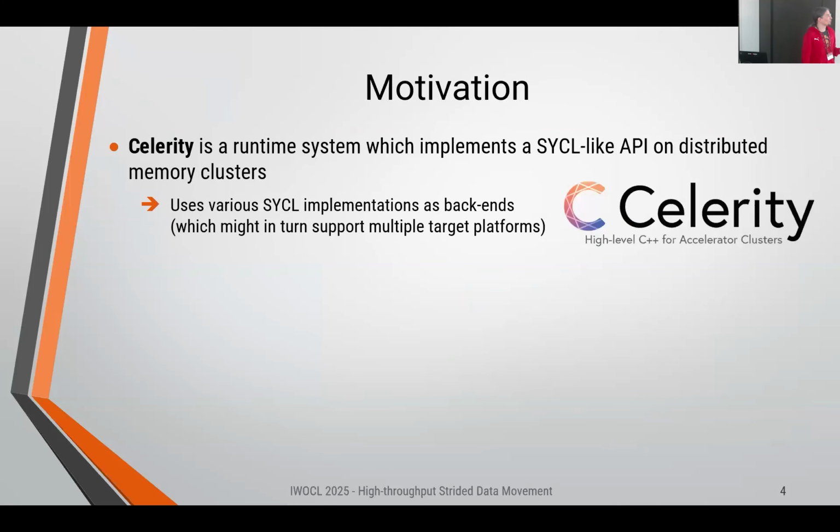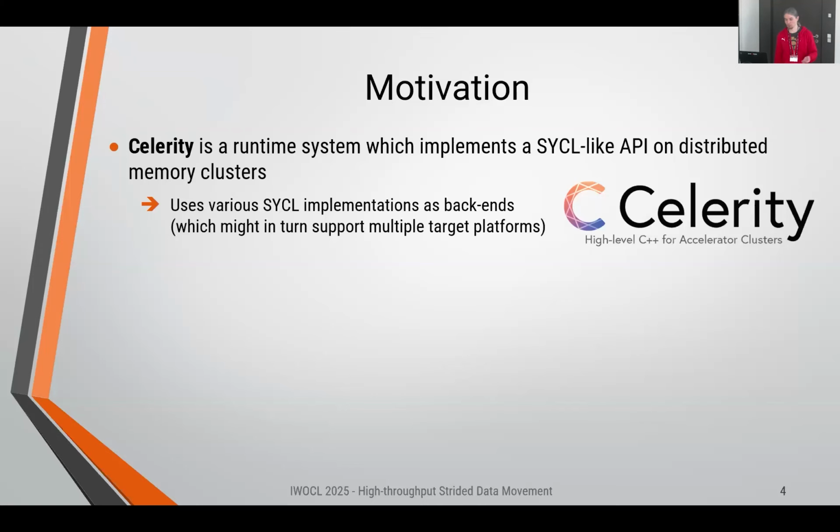For us, the motivation to look into all of this is that we're working on the Celerity system, which implements a rather SYCL-like interface for targeting entire clusters of GPUs.